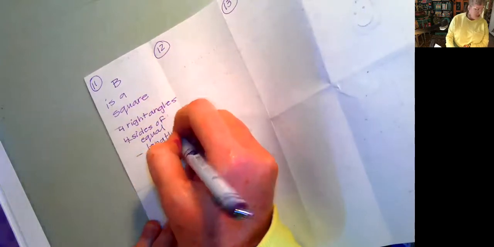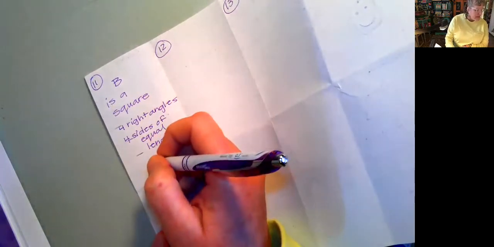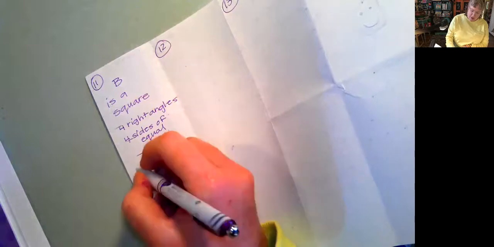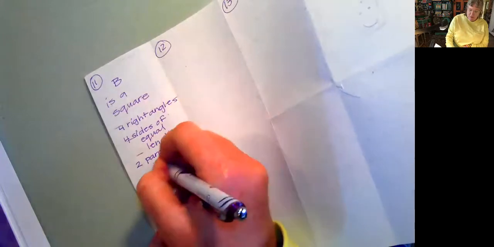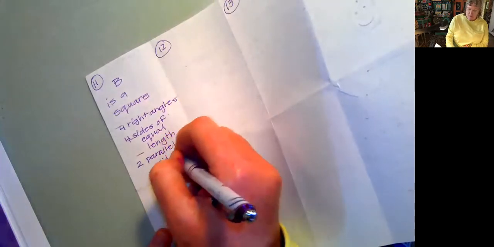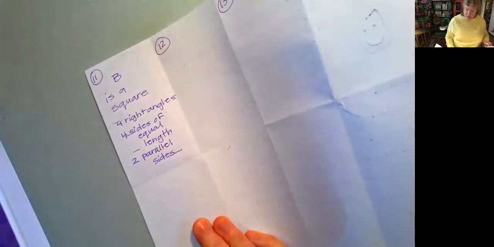You saw the tick marks on there. And then we also have parallel sides, two parallel sides. Okay, so that's one of the reasons we know that it is a square.